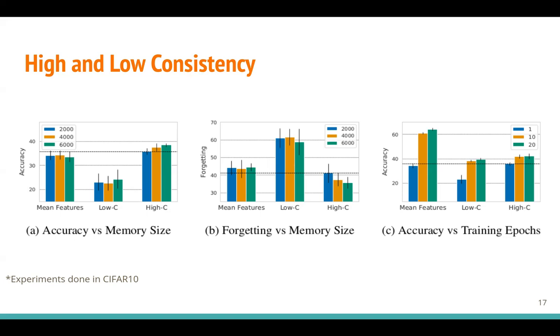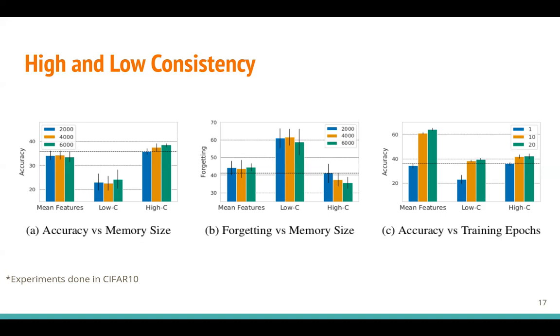And this is very, very interesting, and it's mainly related to the idea of diversity. Because if we only select those elements that are very consistent, it's mainly focused on a limited amount of concepts inside the same class. So when we can train for more epochs, we can't learn more concepts because we don't have this idea of more concepts inside the memory. Instead, mean features have this diversity in it.